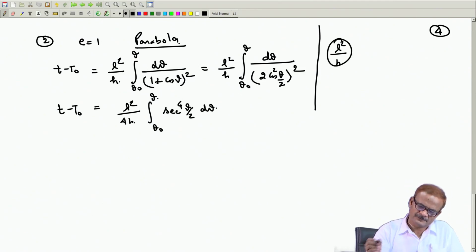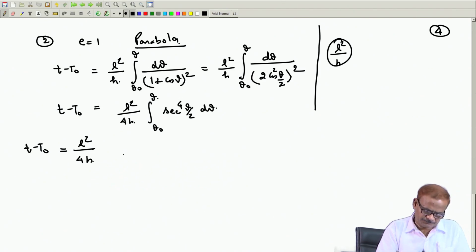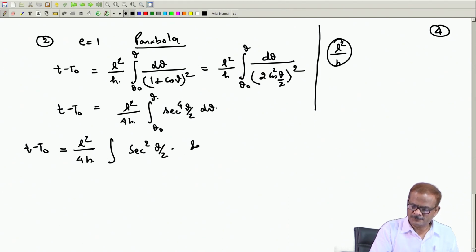Let us forget about this, we will carry it and treat it later. Okay, so, t minus t 0 equals L square divided by 4 h. Now, sec to the power 4 theta by 2 we can write as sec square theta by 2 times sec square theta by 2 d theta, theta equal to 0 to theta.